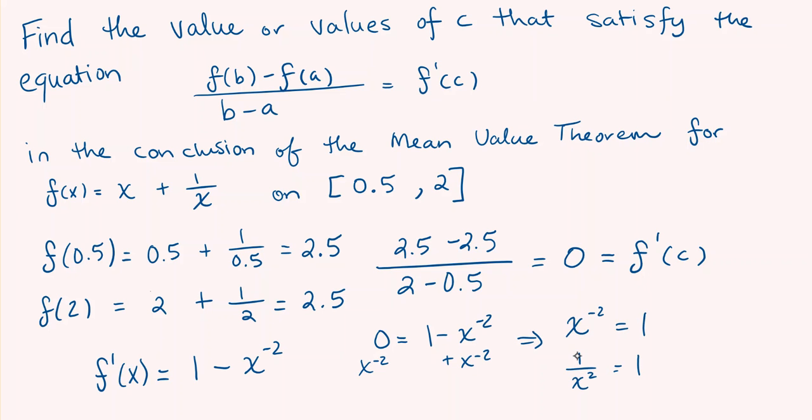The only way 1 divided by something else equals 1 is if that entire term is also 1. So think, what when squared equals 1? We would have x equals negative 1 and x equals 1. Both would yield x squared equaling 1, which would send the whole fraction to 1. But we've got to think about the interval. While both are solutions to the equation, we would just be looking at x equals 1 within the original interval of the problem. So the c value is 1.